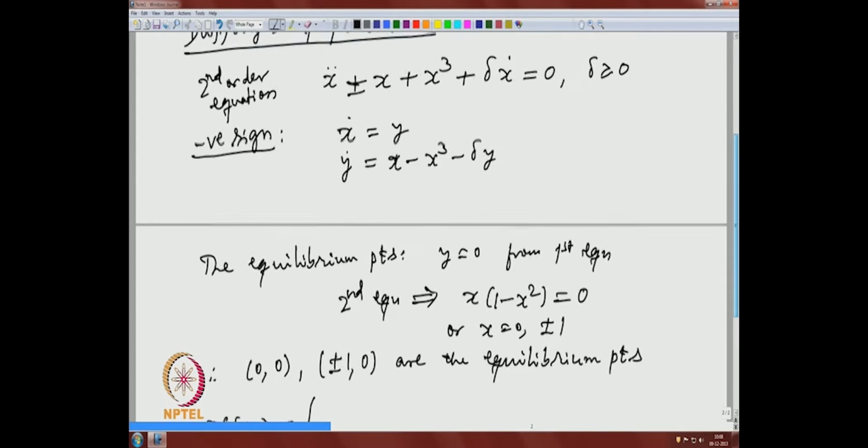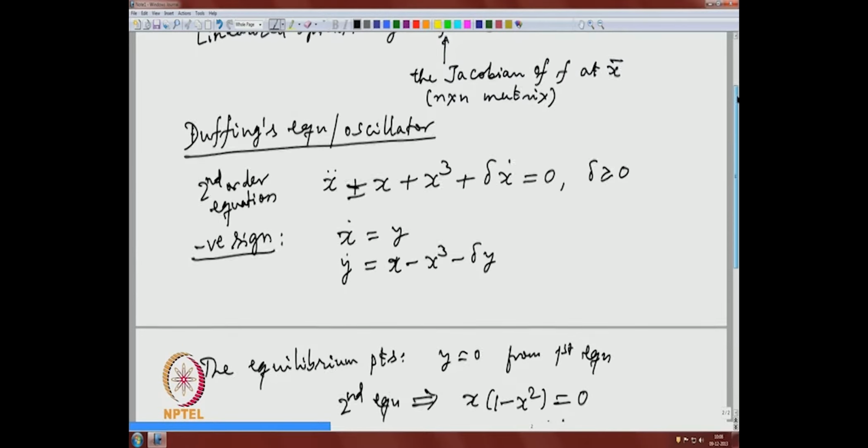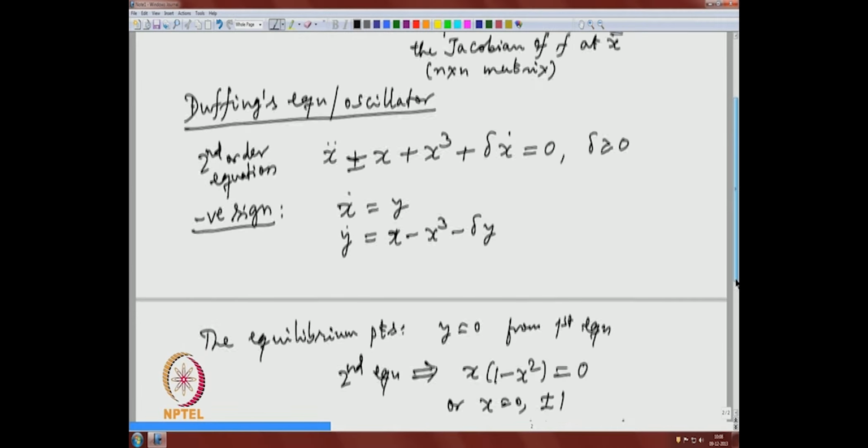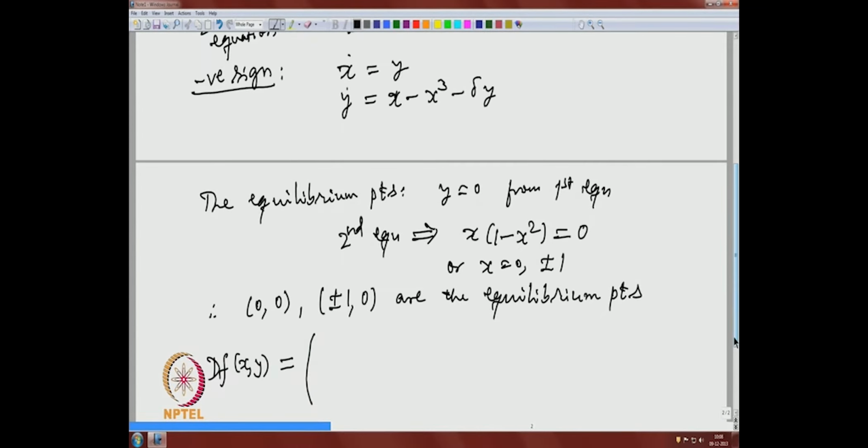If you go back, you see that the first equation contains only y and the second equation is x minus x cube minus delta y. So, this will be 0, 1, 1 minus 3 x square, minus delta.